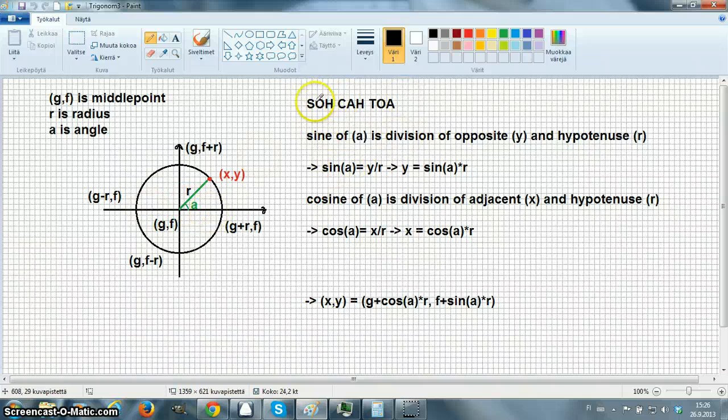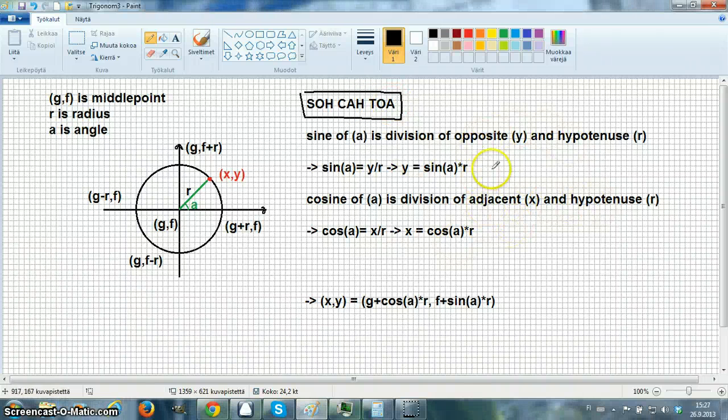So there is a memory rule for that. The sine is opposite divided by hypotenuse, and the cosine is adjacent divided by hypotenuse, and the tangent is opposite divided by adjacent.